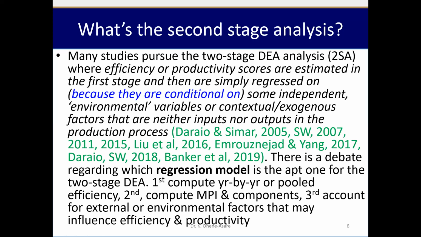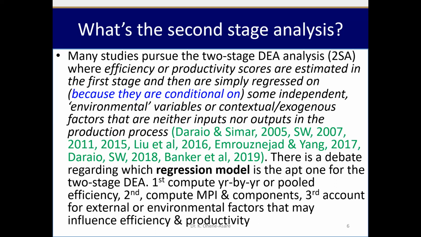So once you estimate their scores, whether it's efficiency, you can also estimate productivity scores and the components. You can estimate that, and then that becomes your first stage scores. Then the third thing is that you will now account for these environmental factors that will influence efficiency. This is the second stage analysis.